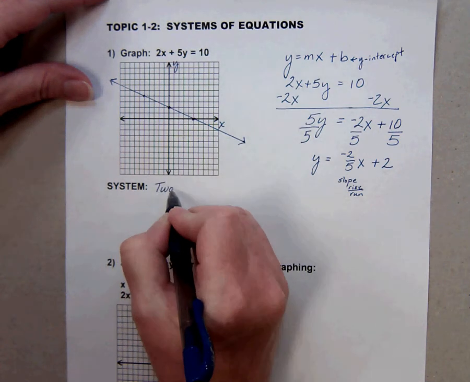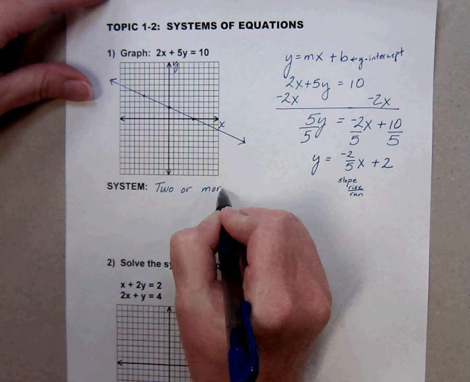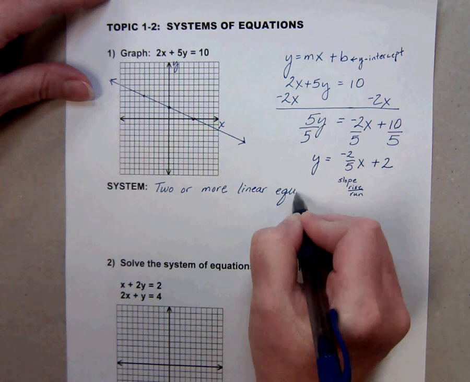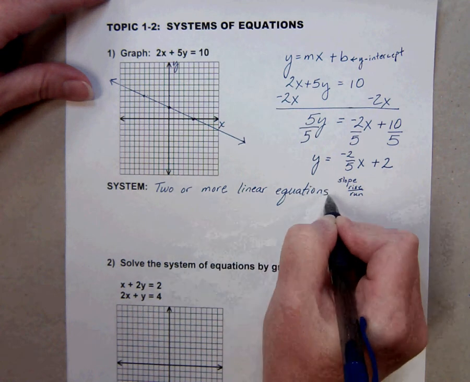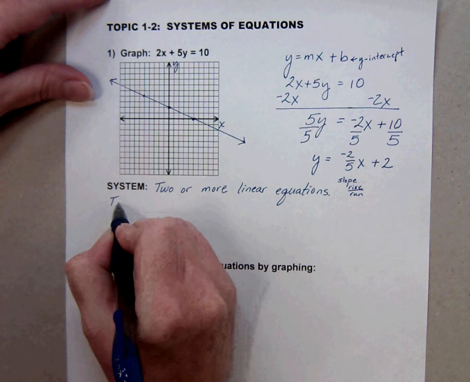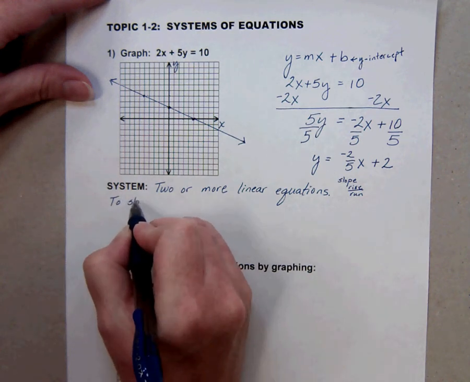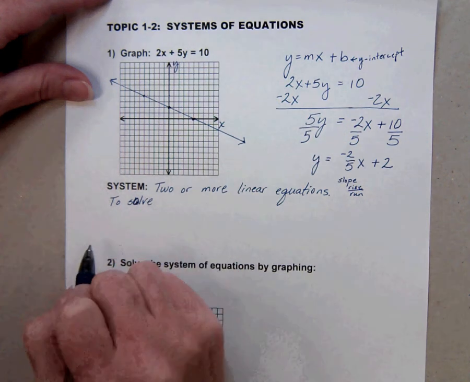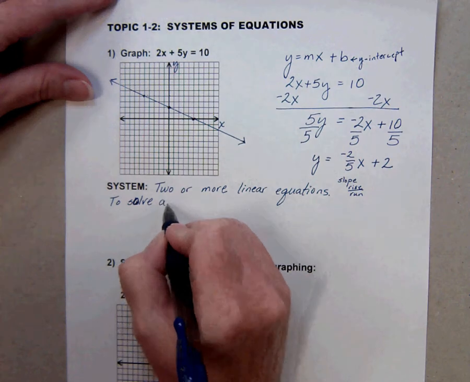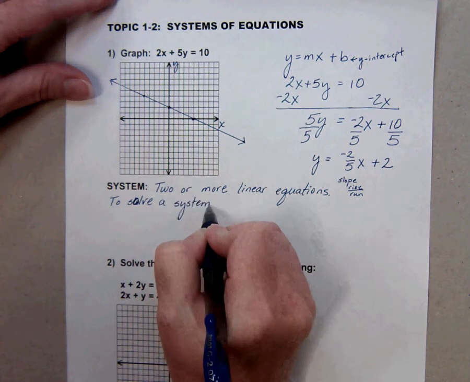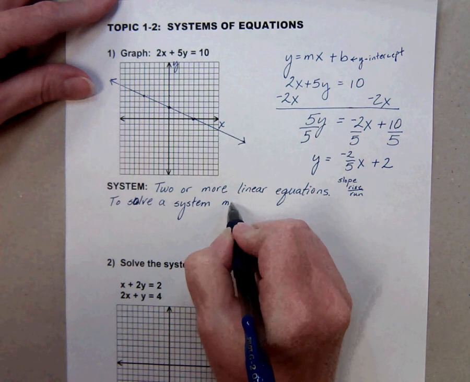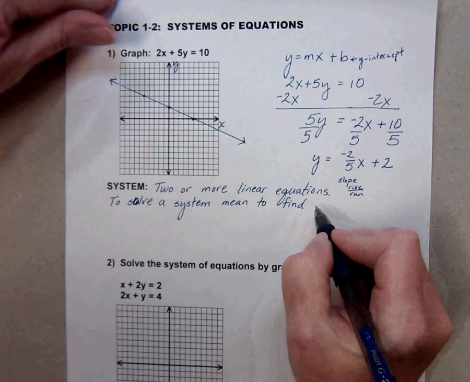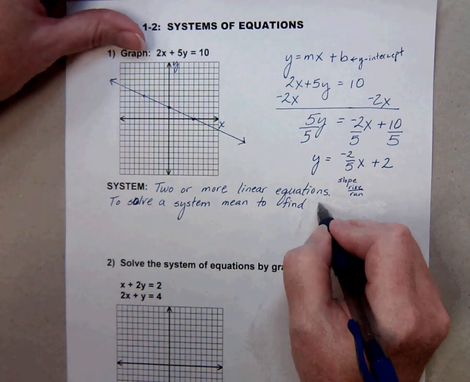A system is 2 or more linear equations, and to solve a system, S-O-L-V-E, to solve a system means to find the point at which the graphs of the lines intersect.